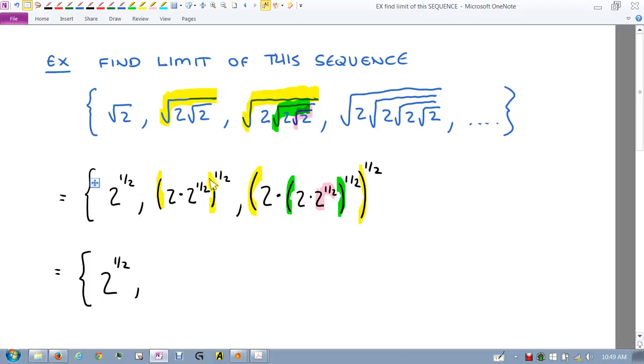Raise that to the 1/2. So you're taking 2 to the 3/2 and you're raising it to the 1/2. What happens when you do something to a power? Multiply. So this becomes 2 to the 3/4. Yeah? Got it?